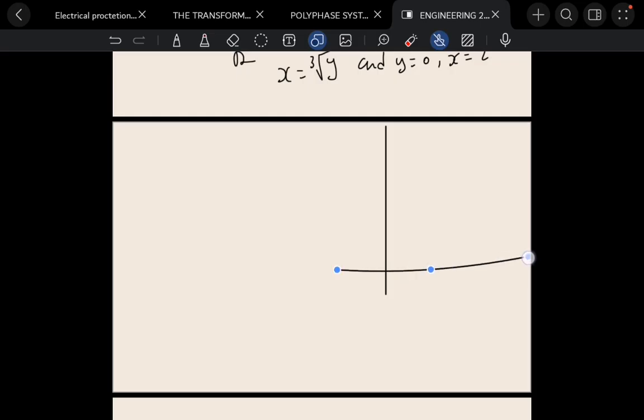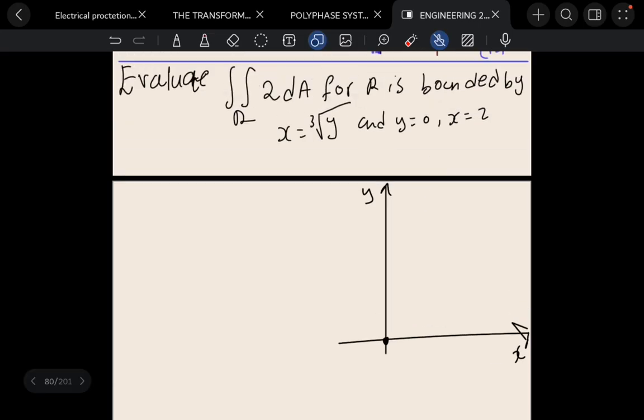Now why is it curved? Alright, so here I'm going to have y, there I'm going to have an x. Now when we draw these graphs, x is equal to the cubic root of y is the same thing as y is equal to x cubed.